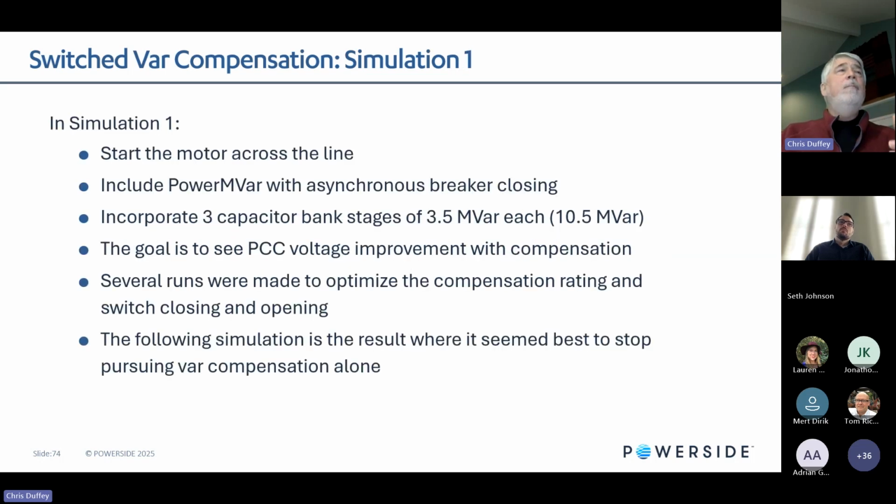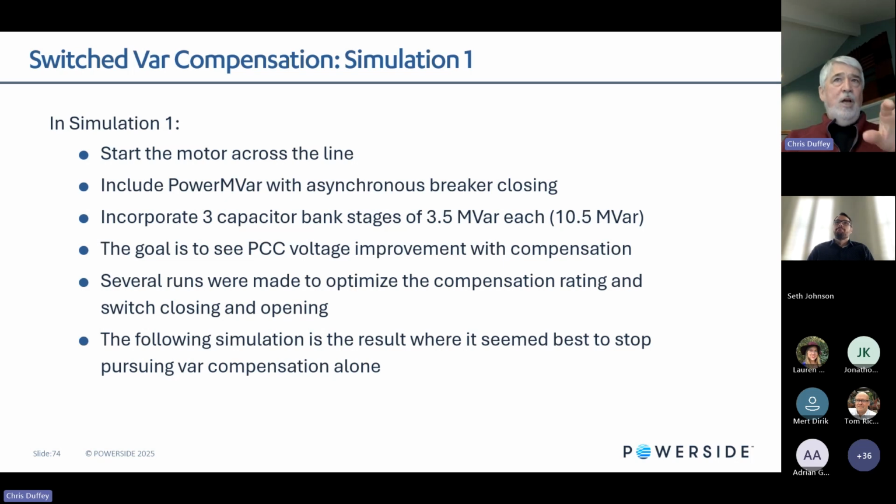In the first one, we're going to start the motor across the line, and we're going to include Power Megavar with asynchronous breaker closing, incorporate 3 capacitor bank stages, 3.5 megavars each, and the goal is to see voltage improvement at the PCC on the high side, where the utility is being impacted.